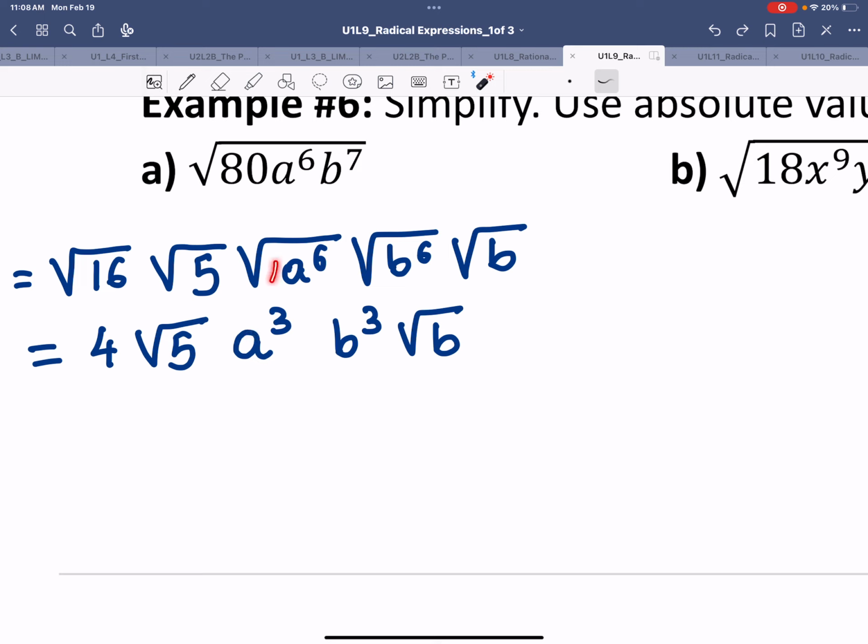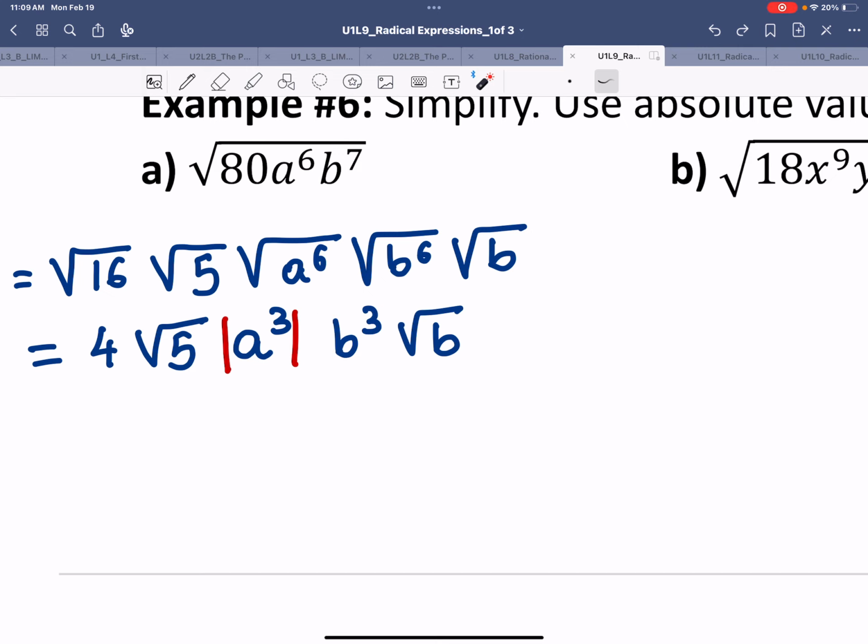And we cannot take negative values out of here. So therefore, we're going to give a to the power 3 absolute value to make sure it stays positive. Now, b to the power 3. If b is negative, then b to the power of 3 will be a negative number, which means that we have square rooted a number and we have gotten a negative answer, which is not possible. So this has to stay positive.